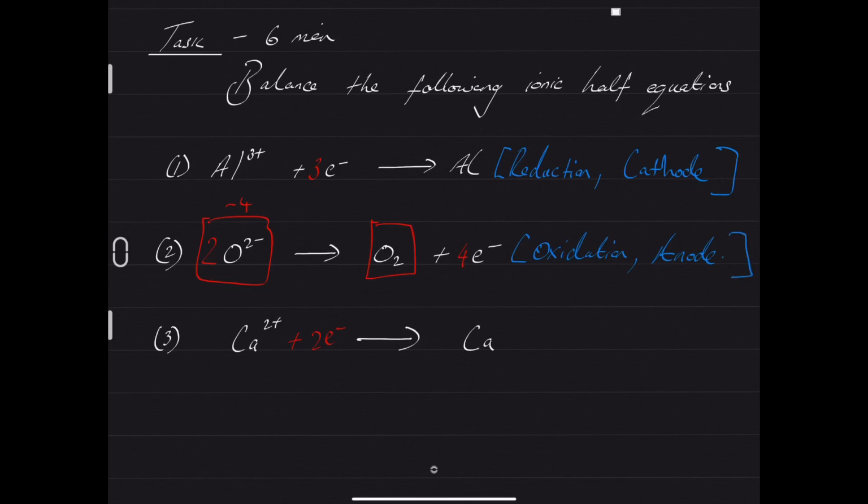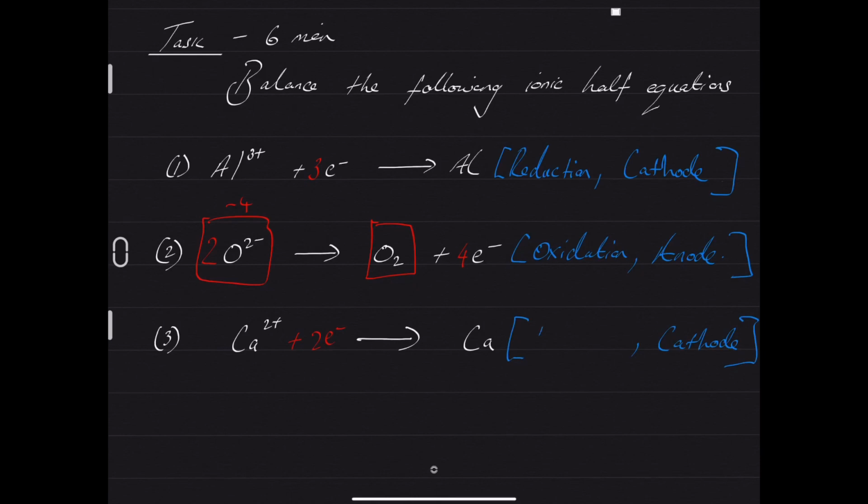Question number 3, we have a positive Ca2+ ion, and so let's just work it backwards. If we have a calcium 2+ ion, positive ions are going to be attracted to the cathode, which is negative, and if we've started with a positive ion and we go to a neutral atom, that means we must have gained electrons to balance out the positive charge.